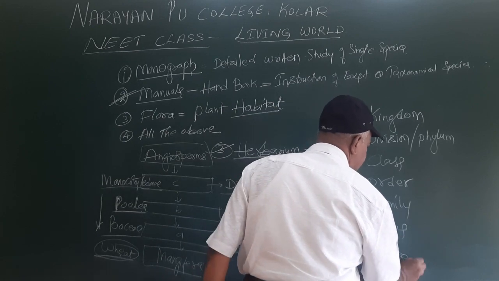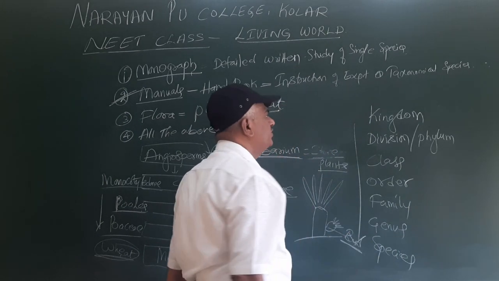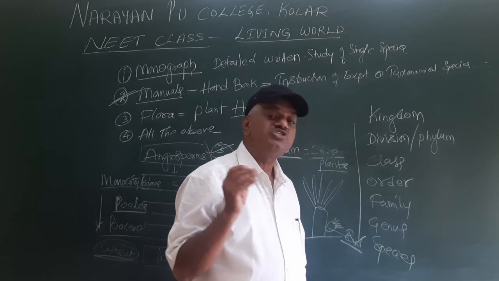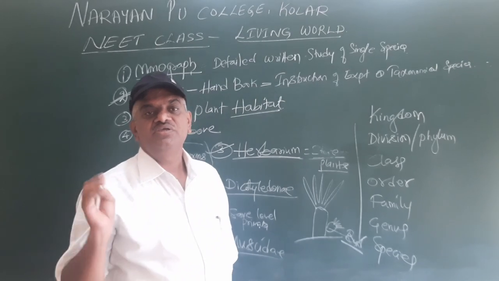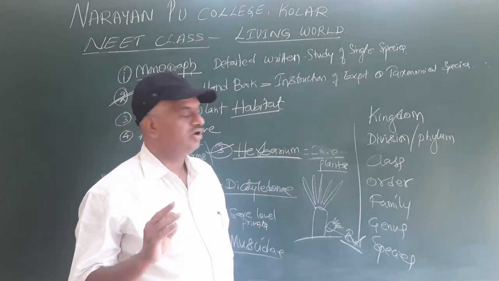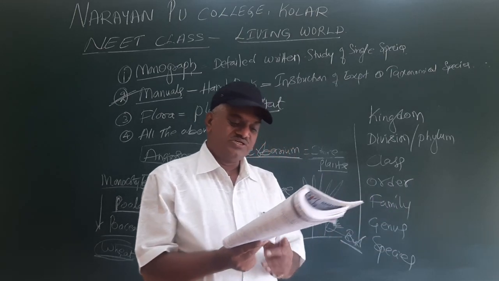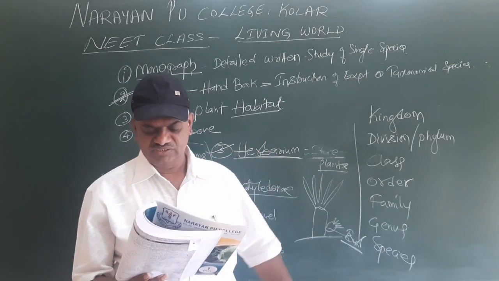So this is called a descending order from kingdom, division, class, order, family, genus, species. So as I mentioned, keep plants clean or family gets sick. This is in the right order. So the fourth option is right.